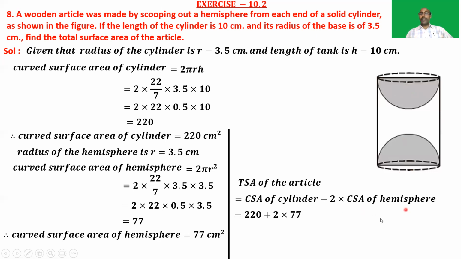So 220 plus 2 into 77, which is equal to 220 plus 154, and is equal to 374. So the total surface area of the given article is 374 square centimeters.